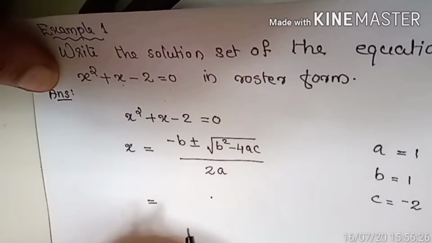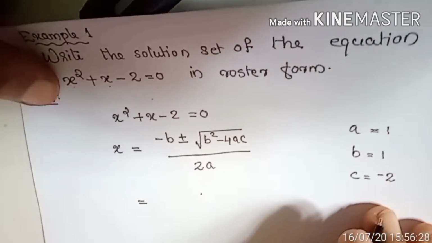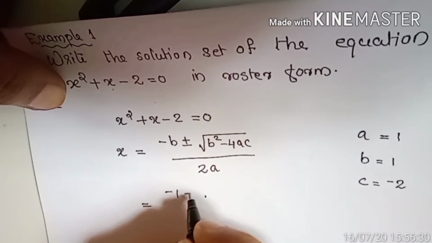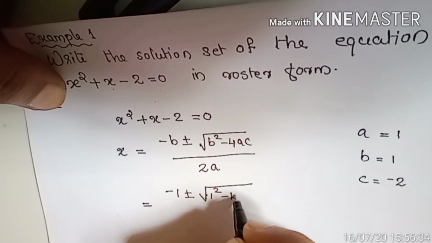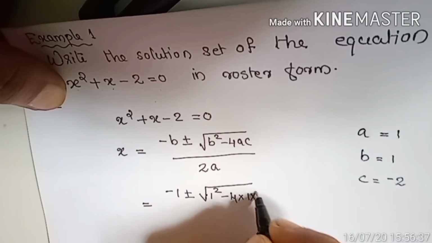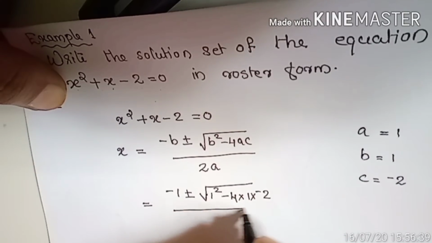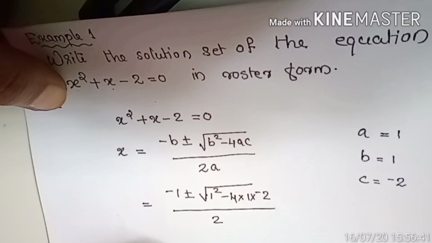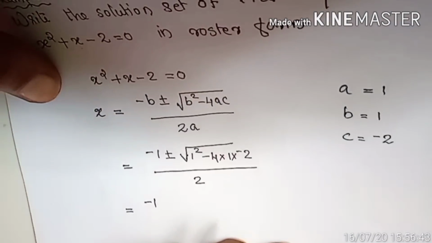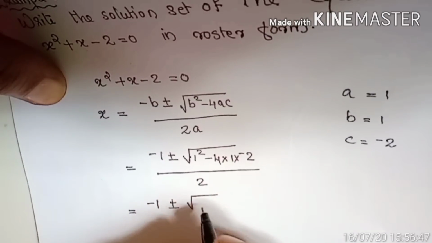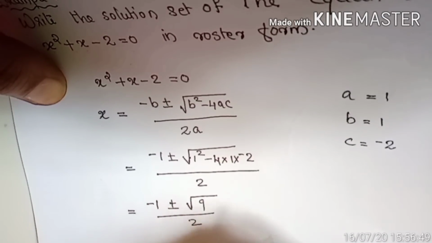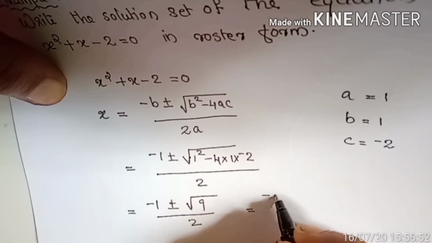Substituting this, minus 1 plus or minus root of 1 square minus 4 into 1 into minus 2, divided by 2. That's equal to minus 1 plus or minus root of 9 by 2.